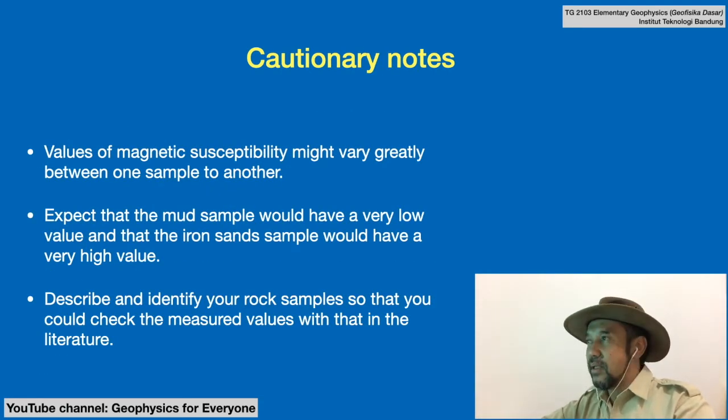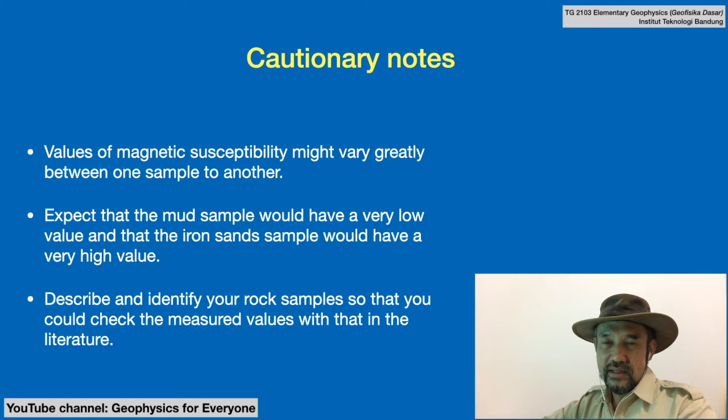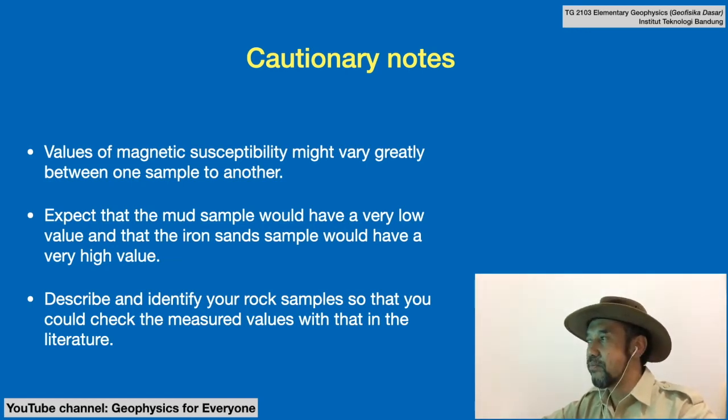There are some cautionary notes on this experiment. For instance, when you measure the mass-specific magnetic susceptibility, there is a possibility that the values will vary greatly from one sample to another. This is okay. Magnetic susceptibility could differ by 2 orders of magnitude, for example. That's common, no problem.